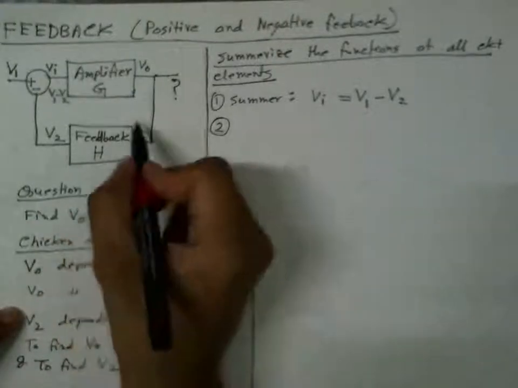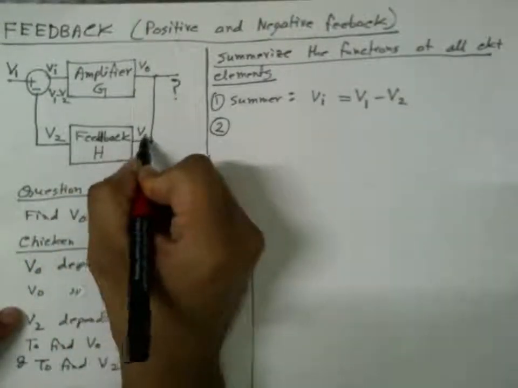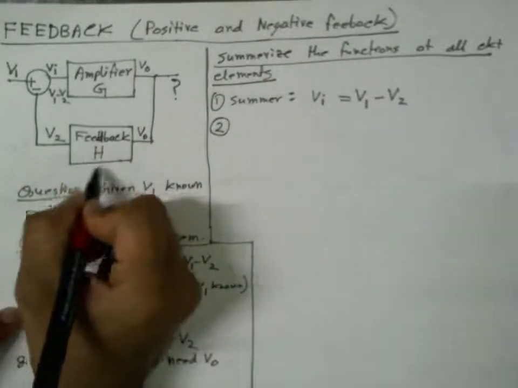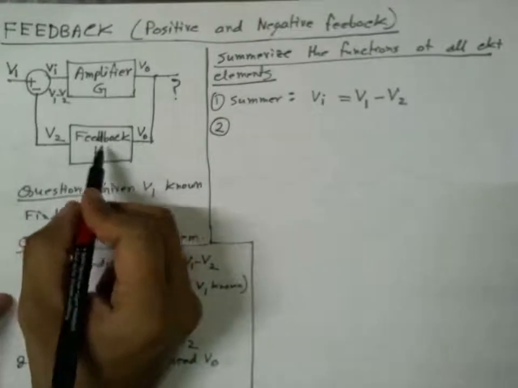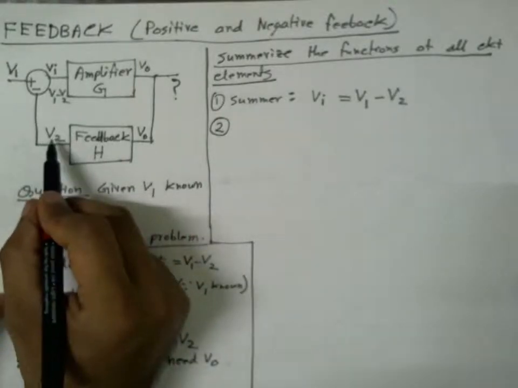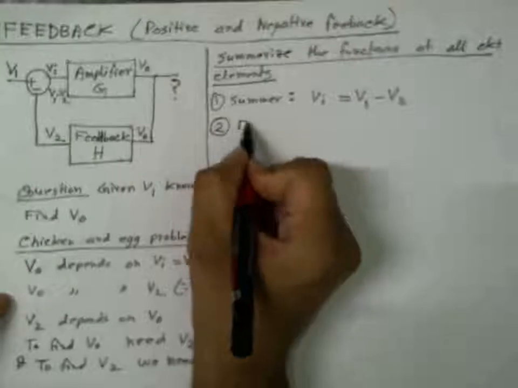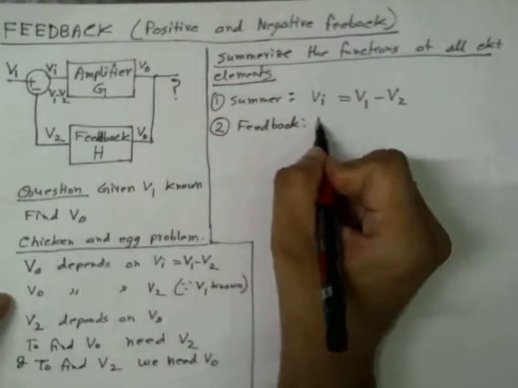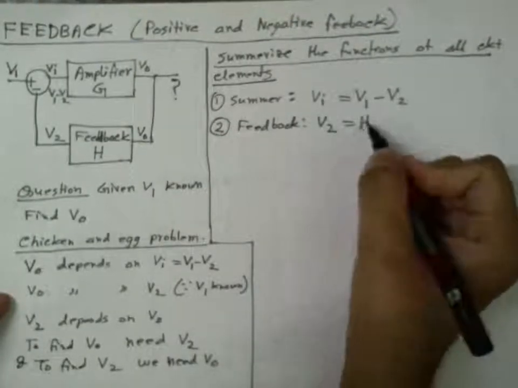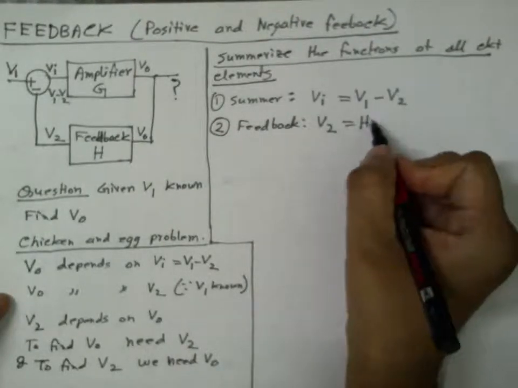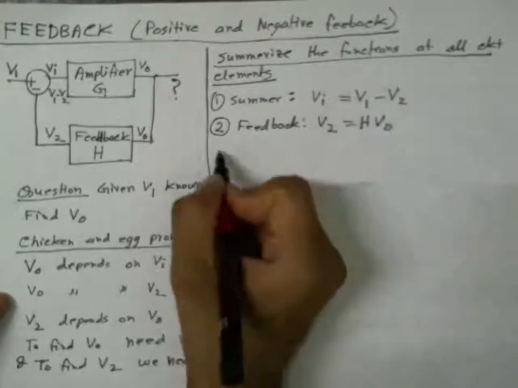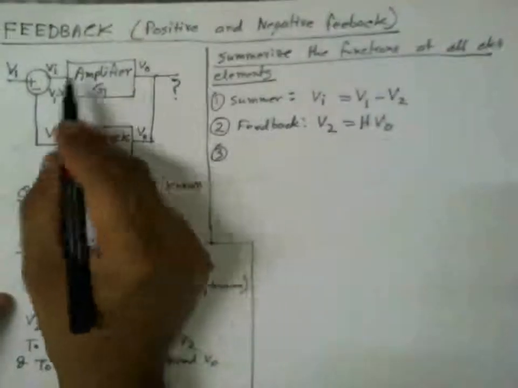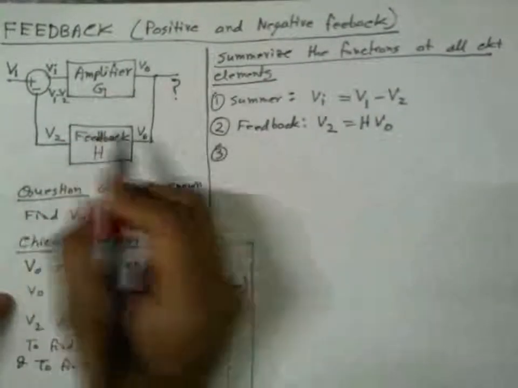The function of the feedback element is to take this voltage and multiply it with H, some constant H, and produce V2. So the function of the feedback element is to produce V2 as some constant H times Vo.